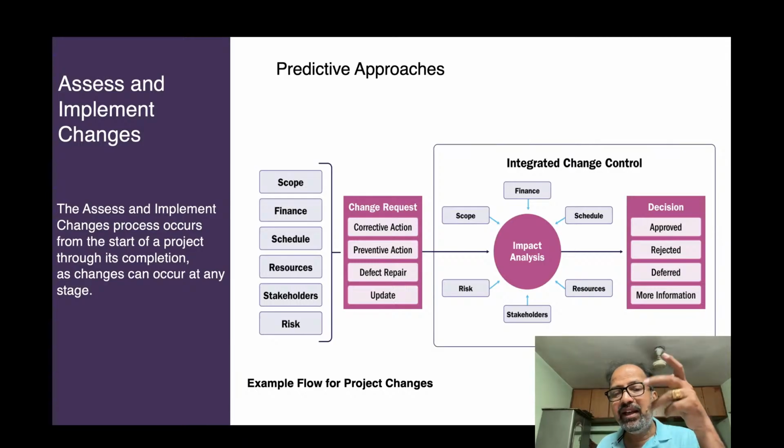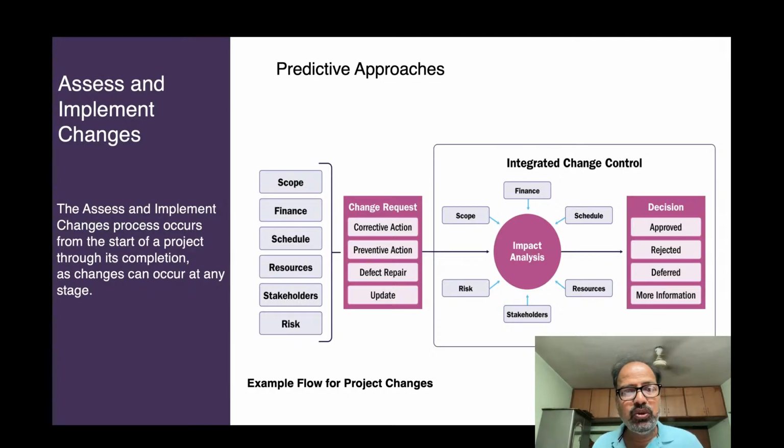So impact analysis is done, which is based on the scope, finance, and schedule, and considering all the things like risk, stakeholders, and resources. Integrated change control decisions could be approved, rejected, deferred, or more information requested.